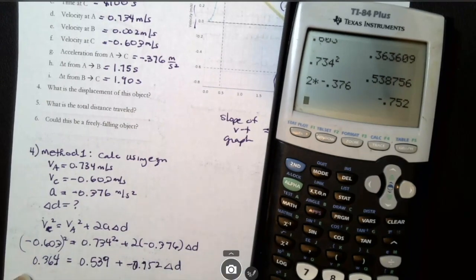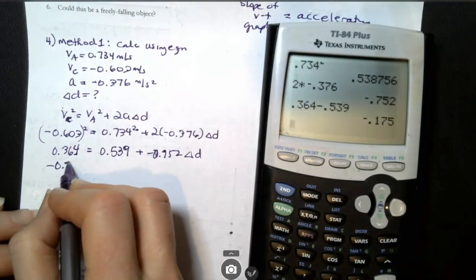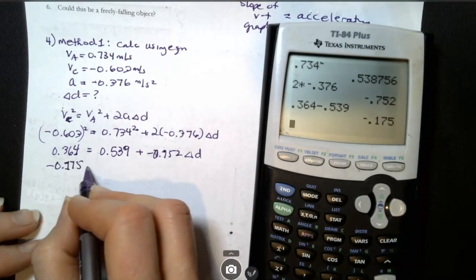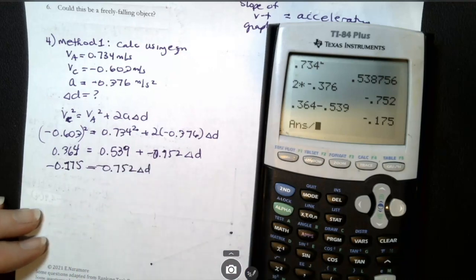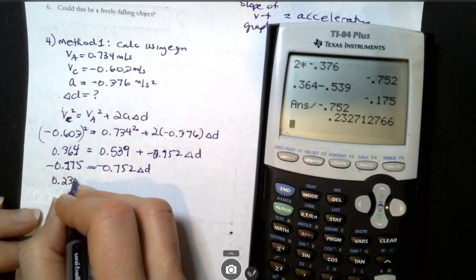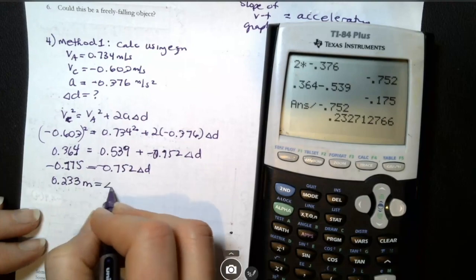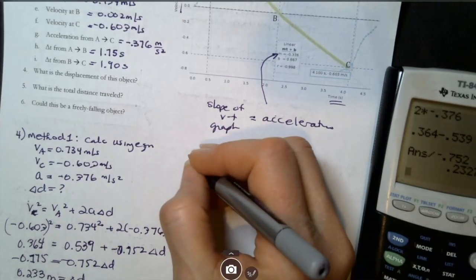Subtract this to the other side, and you get 0.233 meters.